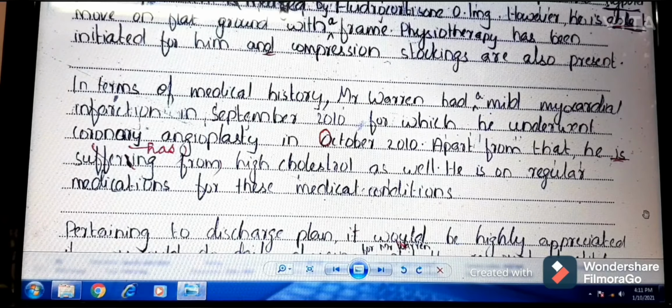See, September 2010 is the specific time of the past, and the tense of the verb there is simple past. That also is a specific time of the past, in October 2010. He underwent coronary angioplasty in October 2010.